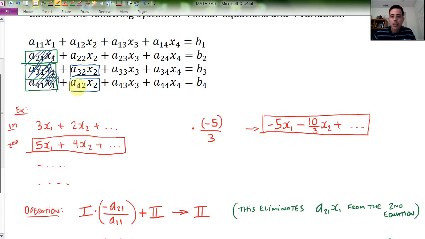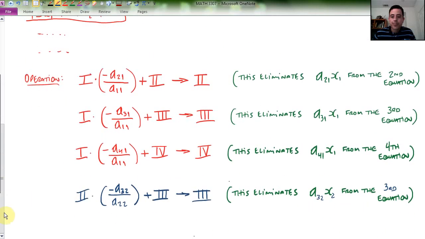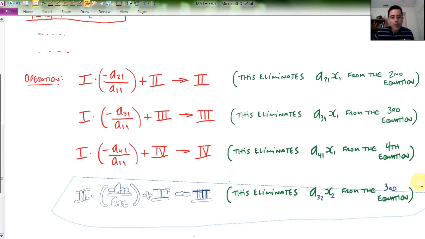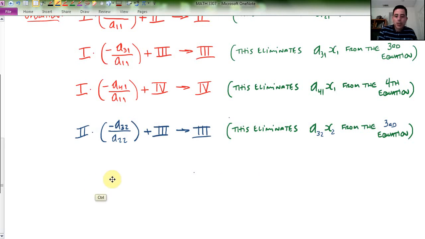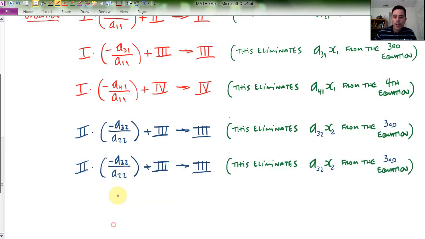And then to eliminate this term, so what do we do? We multiply by a42 opposite divided by a22. Add that to the fourth equation. This will eliminate a42 x2 from the fourth equation.